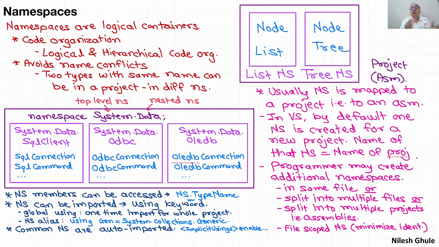There was also one concept we talked about, the namespace alias, which is a shortened name for any namespace. And we said that certain common namespaces related to system, collections or LINQ are automatically imported in any C# project.